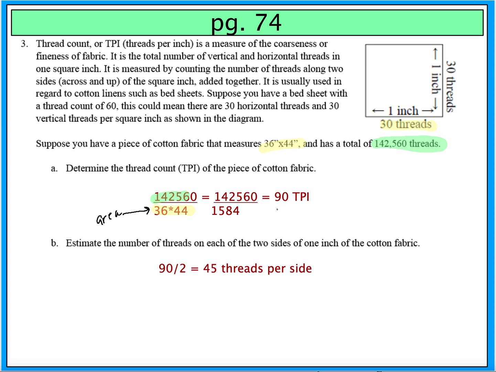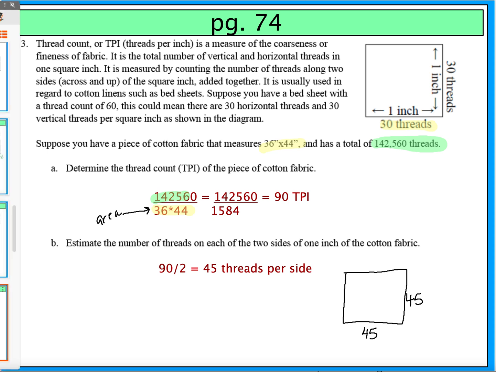Now, that means that if I want to know how many are on each side, that's the number of horizontal and vertical put together. So I have to split them in half, and I know then that I have 45. This would be a thread count of 90, and therefore I would have 45 threads going horizontally and vertically.